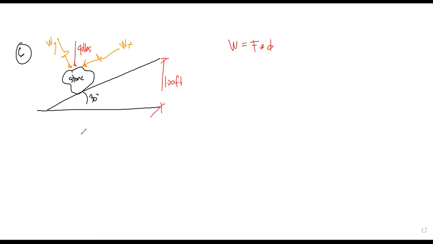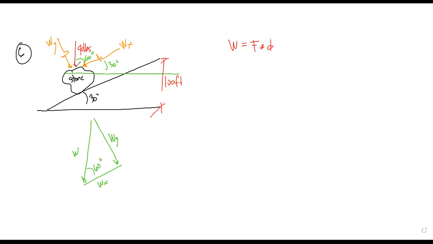If we put an imaginary line here, this would be 30 degrees, and this would be, of course, 60 degrees. And if we look at this triangle, that is Wx and then the weight. This would be Wx, and this would be Wy, and this would be 60 degrees.